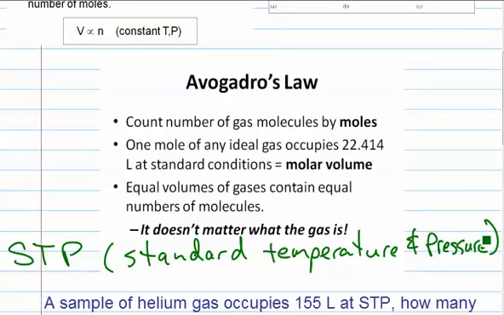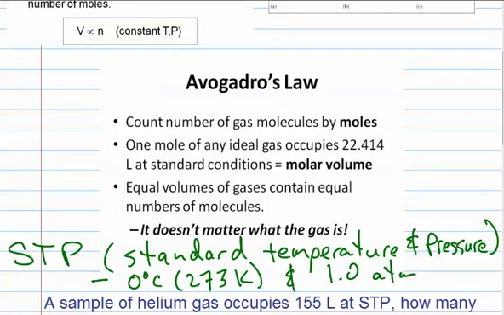We can define a sort of standard set of conditions that somewhat arbitrarily means the temperature is 0 degrees Celsius, that's 273 kelvins, and the pressure is defined as 1 atmosphere. So if we are at STP, it turns out that any gas, whether it's helium or argon or carbon dioxide or oxygen, or sulfur hexafluoride, all of these gases occupy the same volume for the same number of moles.